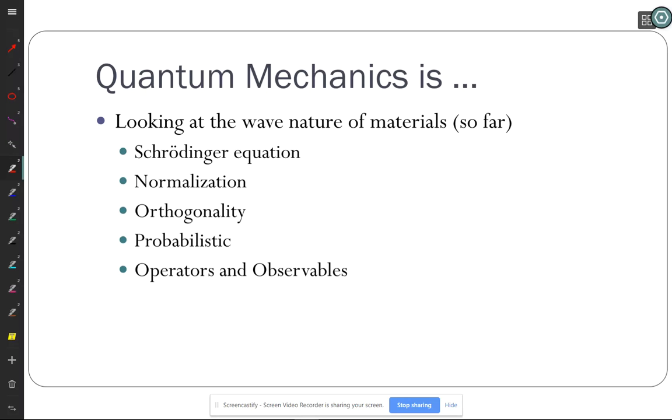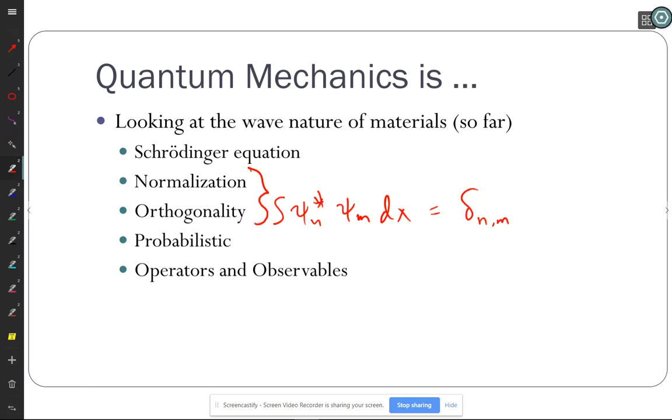And if we have two different solutions, like psi 1 and psi 2, and we do the equivalent of a dot product, the integral of psi star 1 psi 2, that's the equivalent of a dot product. That's going to be 0 if n is not equal to m. That's orthogonality. But if n is equal to m, it's equal to 1. And so we have that delta function that gives us the orthonormal relation.